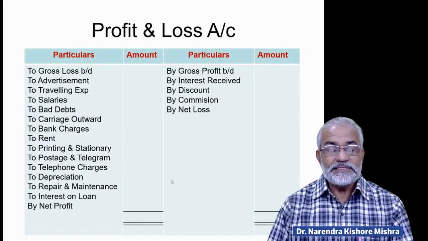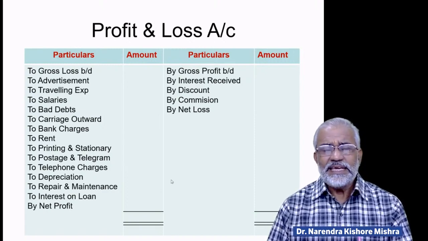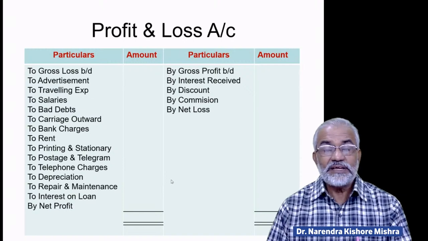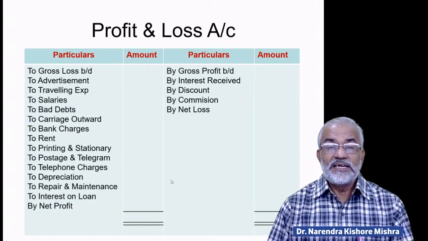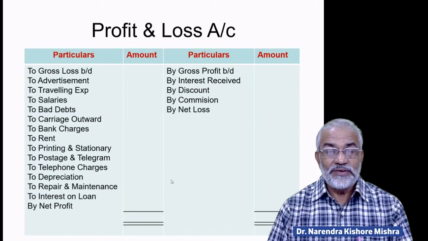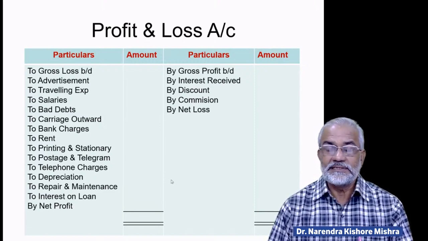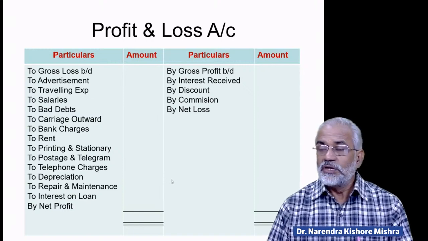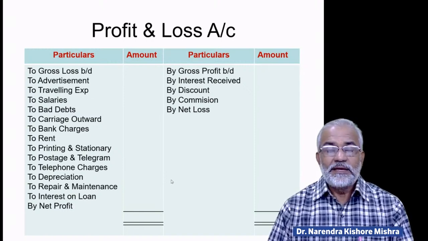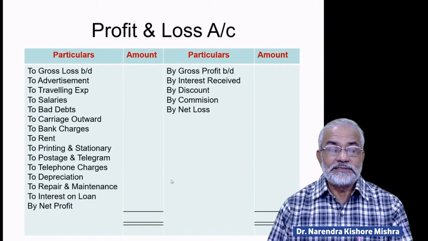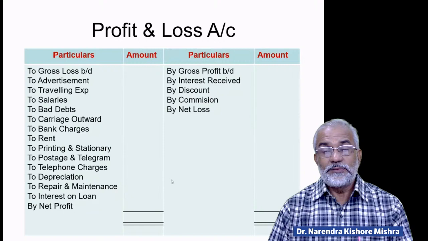Expenditure means any outflow of cash or cash equivalent which either gives rise to the value of an asset or reduces the amount of liability of the organization. Suppose 1 lakh rupees is paid for buying an overhead projector.